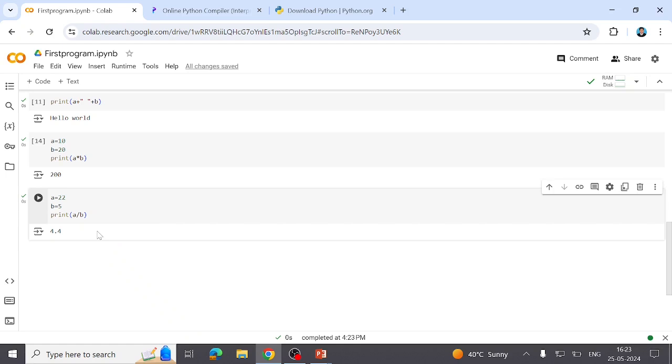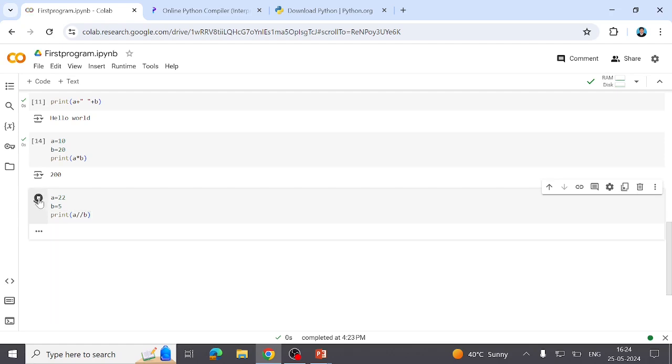Now, in some cases we just want the value before the decimal point and ignore the value after it. Then we can use floor division.